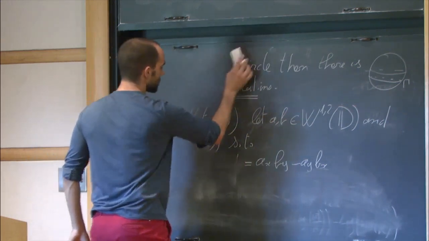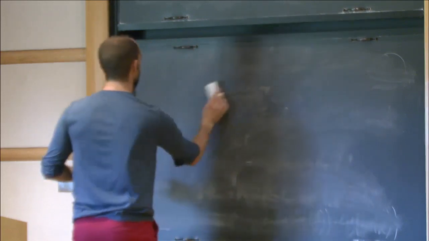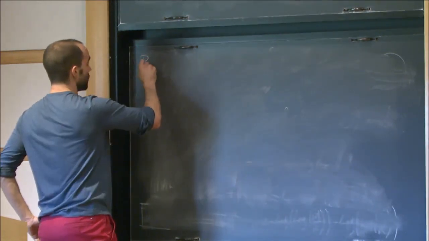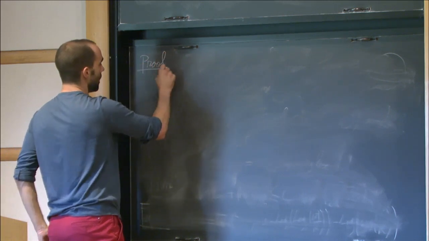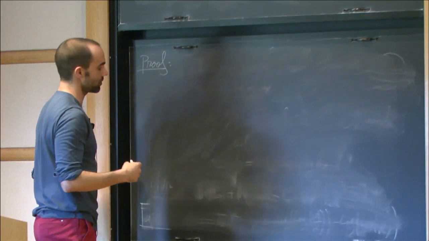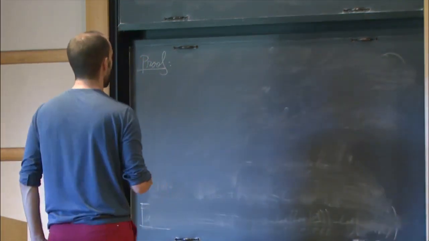So here the idea is to rewrite the equation star into a divergence-curl form. And for this, you need the following theorem, which is some kind of nonlinear Hodge decomposition of omega.